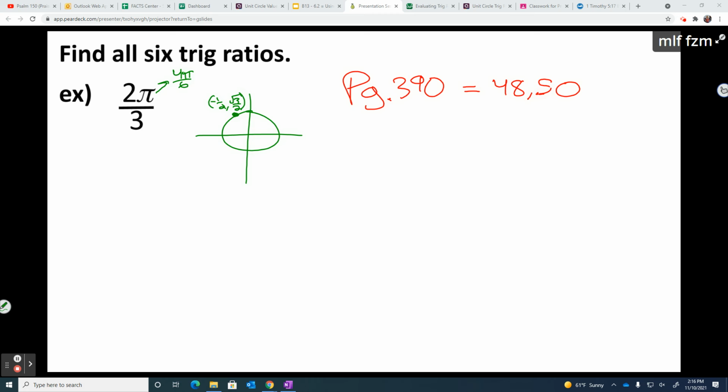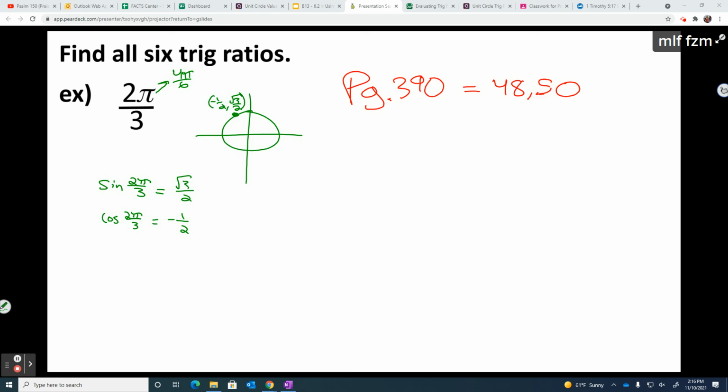So that's our coordinate pair. So then we're going to do the sine first. The sine of 2 pi over 3. Sine is just the y coordinate, so radical 3 over 2. Then we'll do the cosine. That one's the x. So it's negative 1 half.